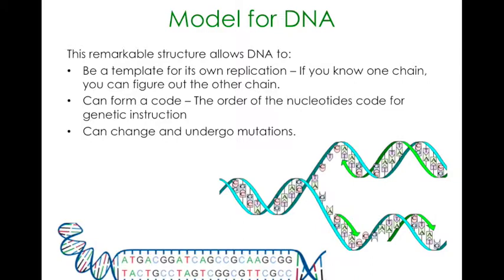The last thing they also realized was that by changing some of these nucleotides, you could change the overall instructions, which would change the organism's proteins and create the mutation that you would observe in living things. That remarkable structure allowed us to explain what the function of DNA actually was, which is pretty amazing if you think about it, right?